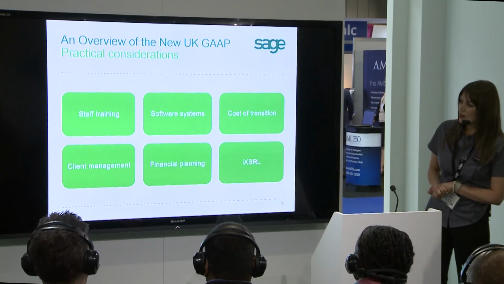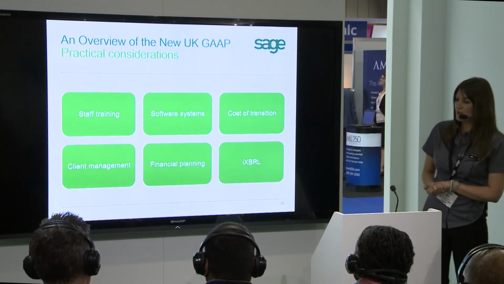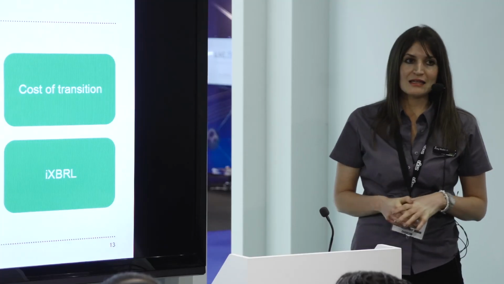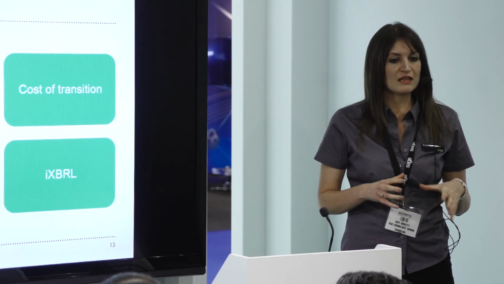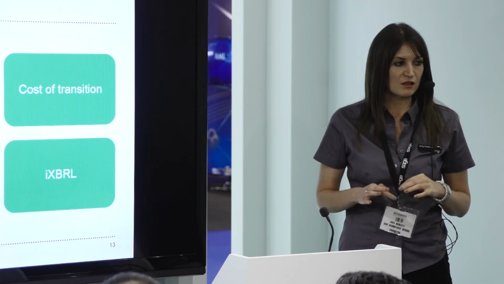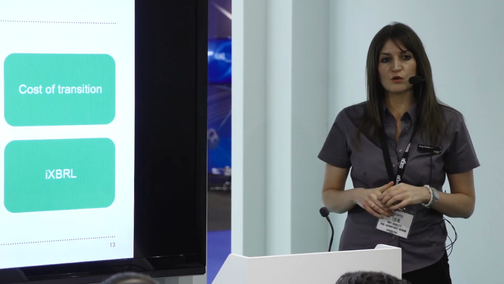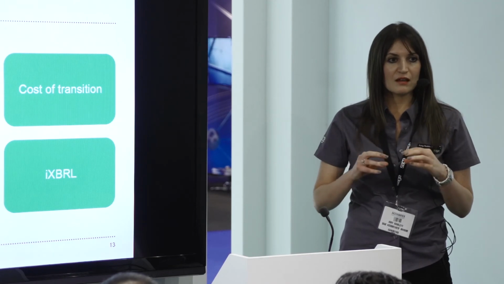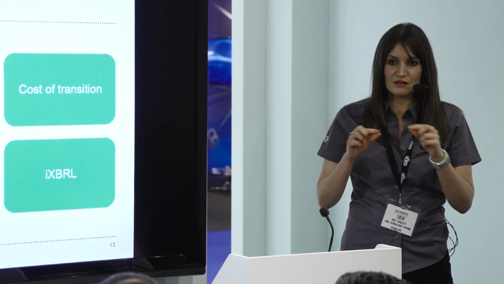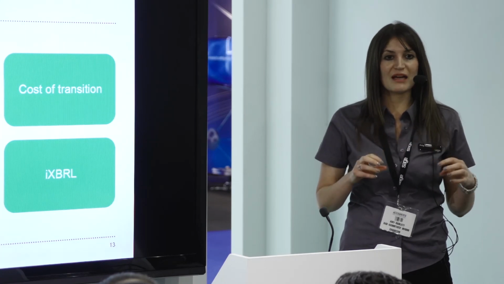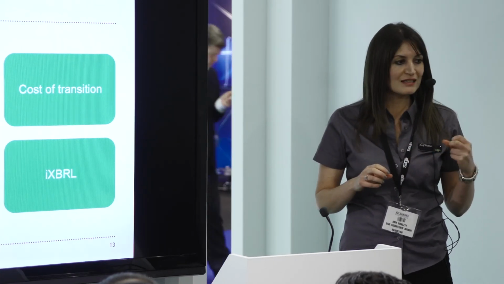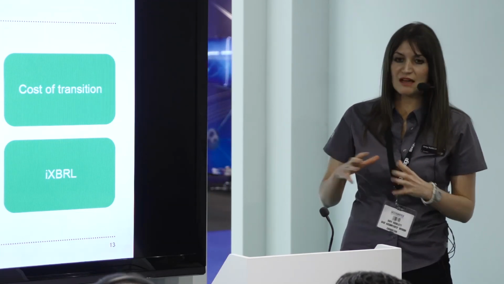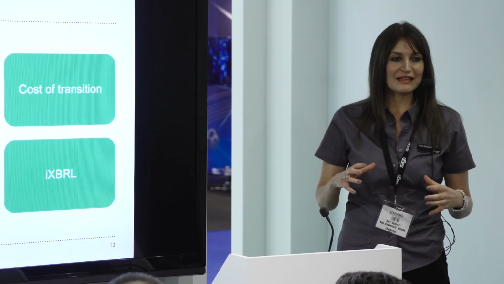And then finally on iXBRL, so I'm not sure how much everybody knows about iXBRL, but any accounts that you send to HMRC with your tax return are now in iXBRL format. iXBRL is basically an electronic tagging that attaches a little electronic tag around each piece of information in the accounts, which can be read automatically. So the list of tags is relevant to what gets disclosed in the accounts.